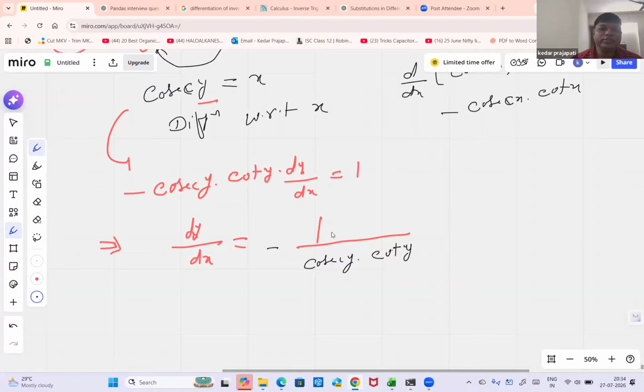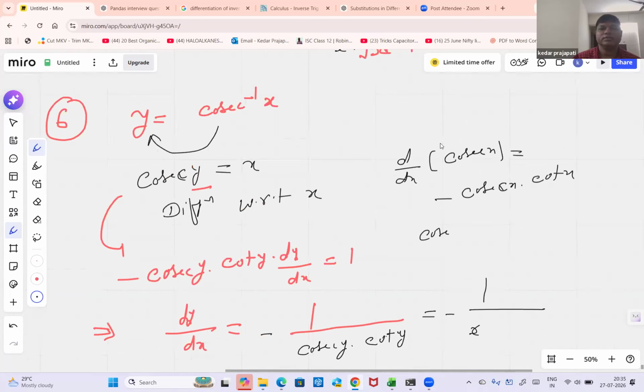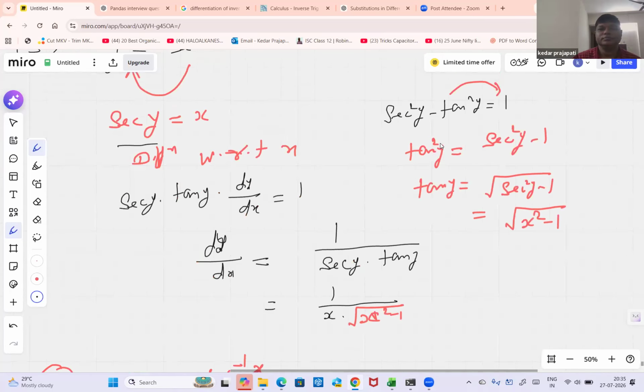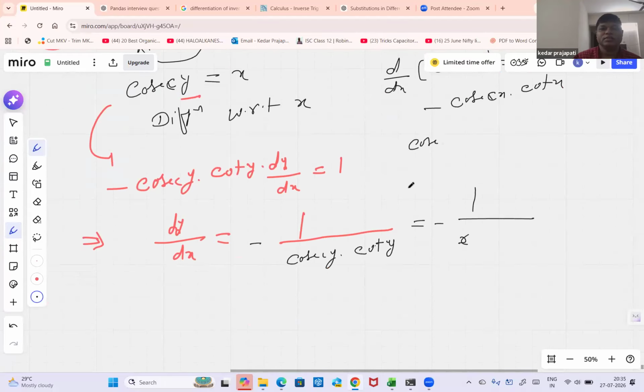Now cosecant y is x. But what is cot y? Just now we saw, right? What was the formula? What is the relationship between cosecant and cot?